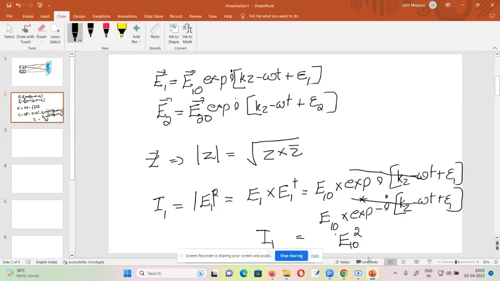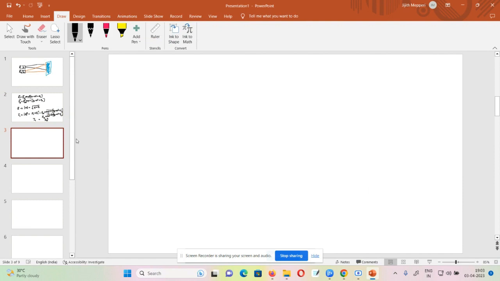So I1 is equal to E10 square. You got it? This looks a little bit complicated, but no need to worry. So in that case, what will be I2? I2 will be E2 modulus square, and that will be equal to E20 square.